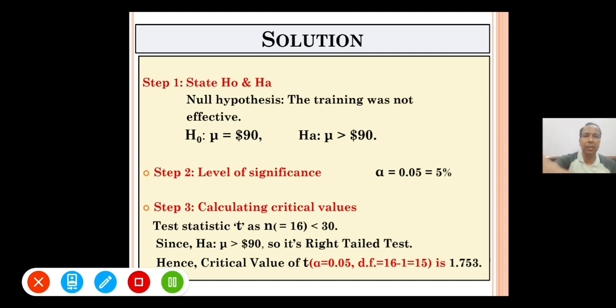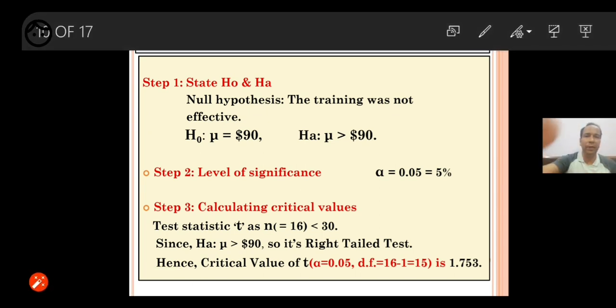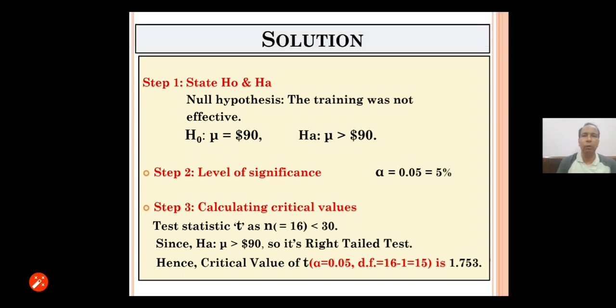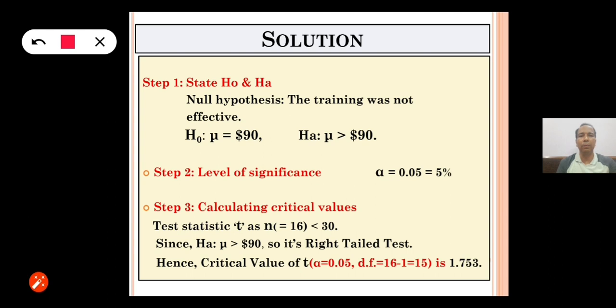And in step 3, we compute the critical value. Since n is 16, that is below 30, the t-test is applicable. And the alternative hypothesis is with a greater than sign, that means a right tail test.